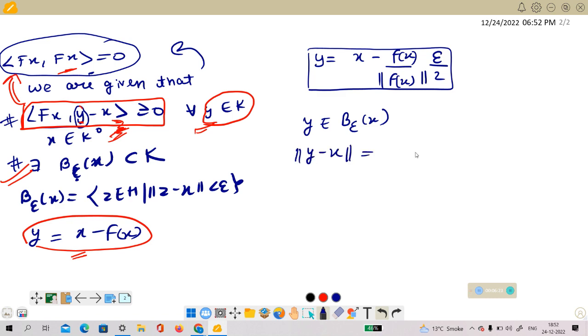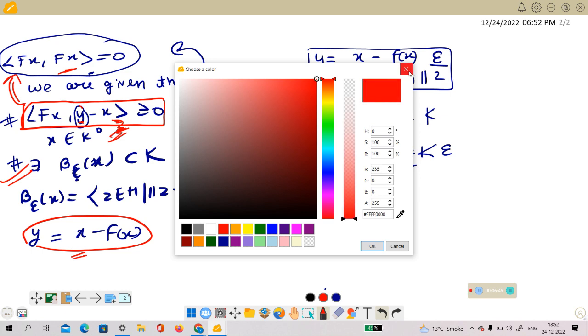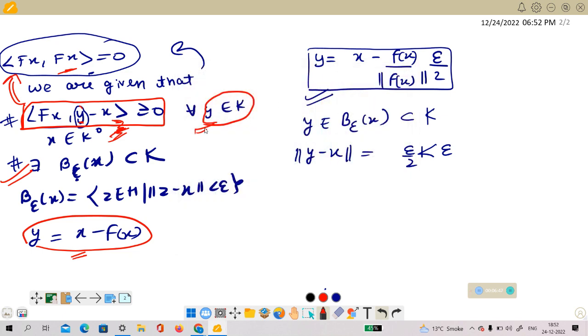This will give you epsilon by 2, which is less than epsilon; I will leave it as an exercise, it's a very simple computation. So y belongs to B(x), which is a subset of K. So now our y is in K, and we can use it in this inequality here.